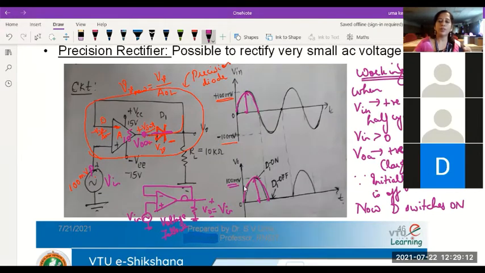So the output voltage will follow the input voltage during the positive half cycle of the input signal. During the positive half cycle, the diode switches on, the circuit acts as a voltage follower, and therefore the output voltage will follow V in.